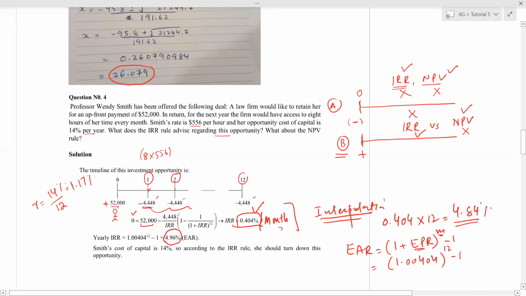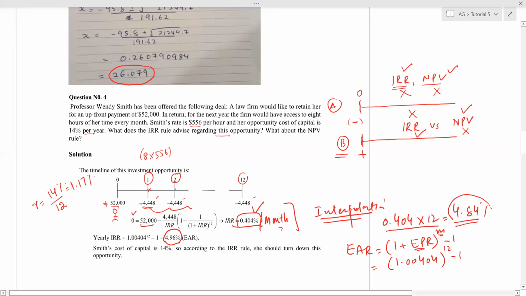Okay, as you can see, the answer for simple multiplication is 4.84%, but with the effective annual rate it is 4.96%. The difference is not that much, I mean, the difference is not great, but as you can see, the answer in effective annual rate is higher.